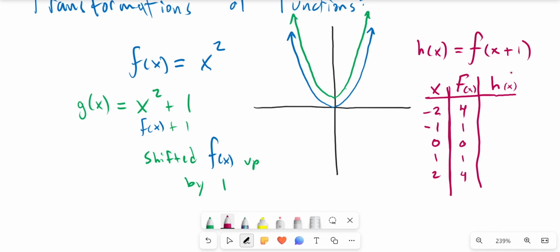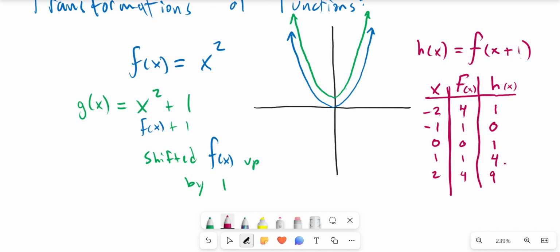And what about h? Well, this is -2 plus 1. We compute that first and get -1. Squared is 1. And I plug in -1. Plus 1 makes that 0, so this is 0. I plug in 0, plus 1 makes that 1, so the square is 1. I plug in 1, plus 1 makes that 2, and f of 2 is 4. I plug in 2, plus 1 is 3, squared is 9.